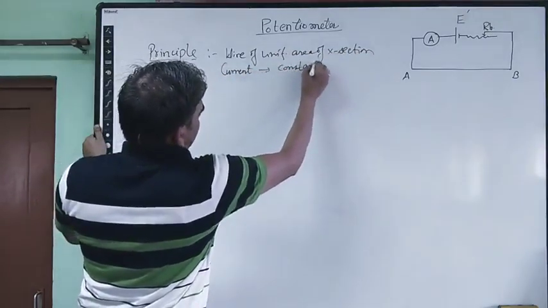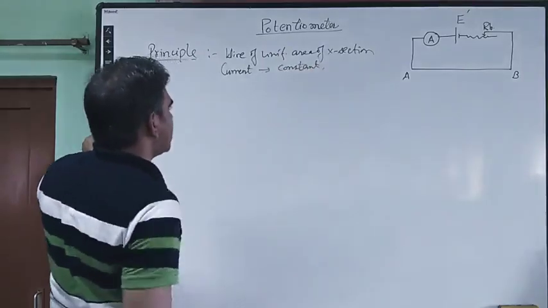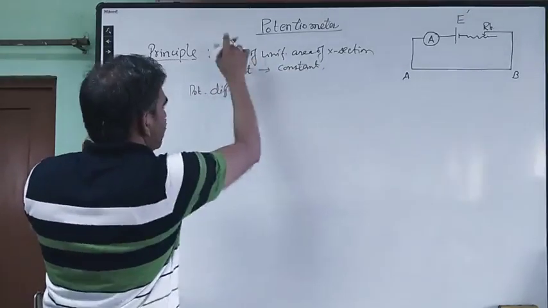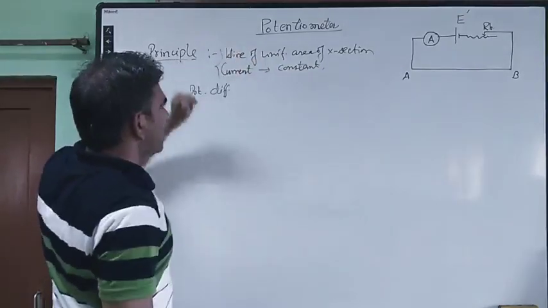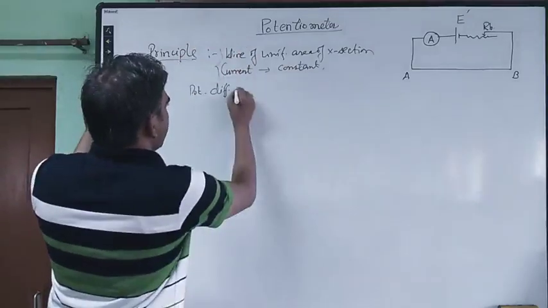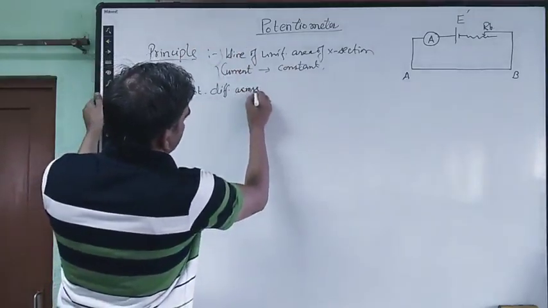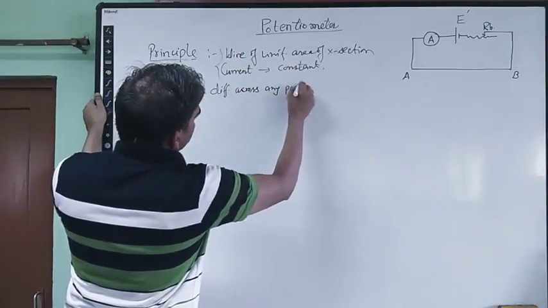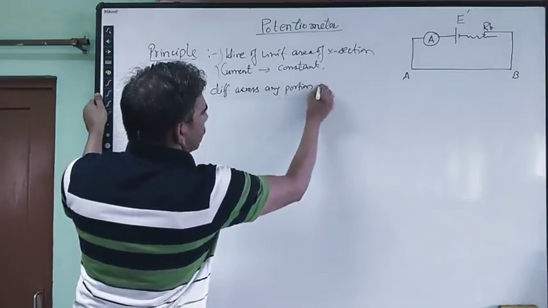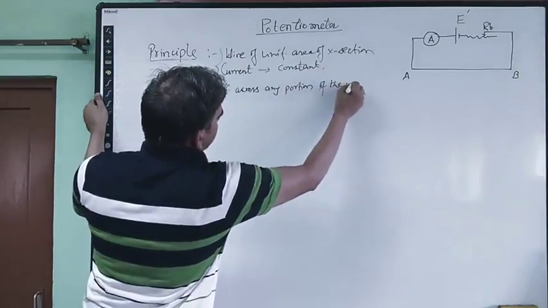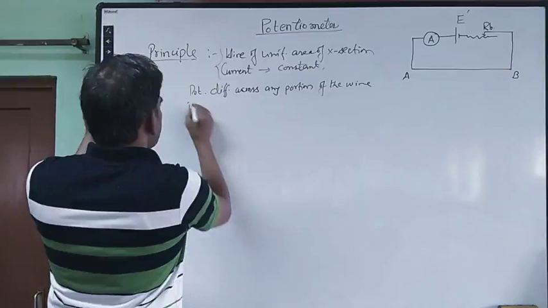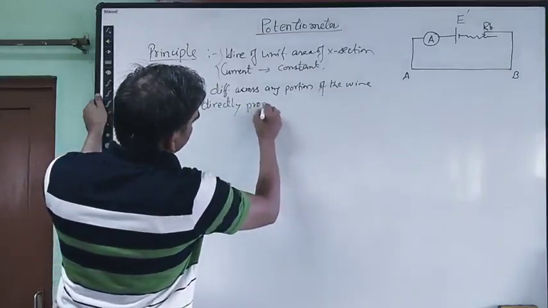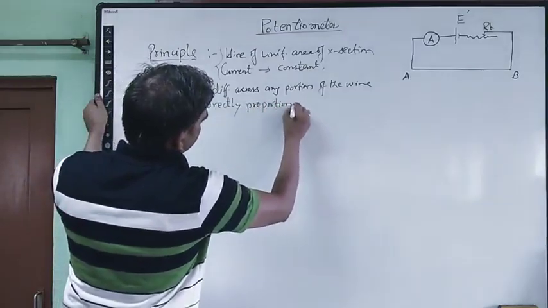Only when these two conditions are satisfied, the potential difference across any portion or part of this potentiometer wire is directly proportional to its length.